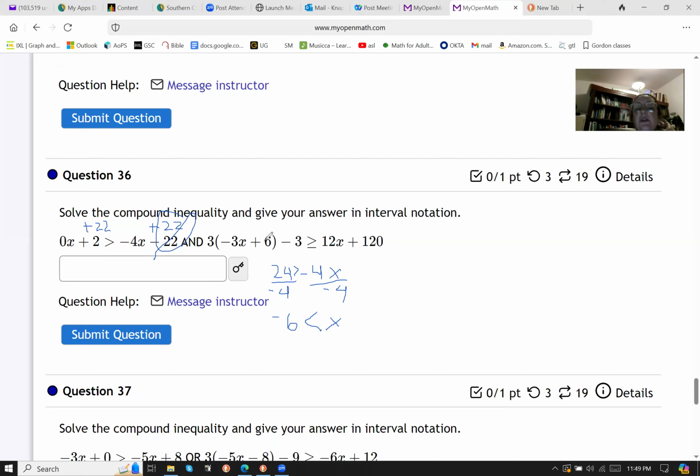Now we'll solve the other inequality separately. We'll distribute this 3 throughout. So that gives us negative 9x plus 12 minus 3 is greater than or equal to 12x plus 120.